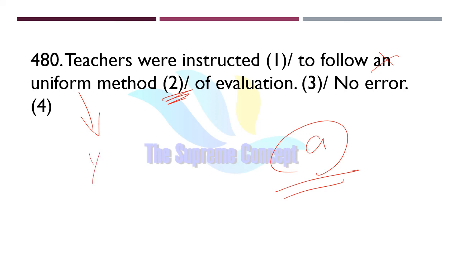Uniform. It sounds like y, not u. As per the rule, if we pronounce any word and it sounds like a vowel, a, i, o, u, then we will use an there. But here in uniform, a consonant sound comes out, that's why we will use only a.